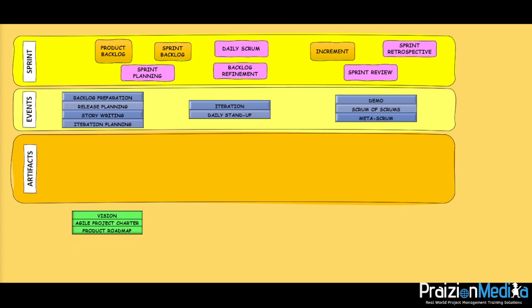Moving into the artifacts though, beyond the orange artifacts in the sprint, we also talk about the vision. It is important you understand that a vision needs to be cast for the team to know why they're doing what they're doing. There's also the concept of an Agile project charter talked about on page 49 of the Agile Practice Guide. And there's the concept of a product roadmap, which I've spoken about quite a few times on this channel.